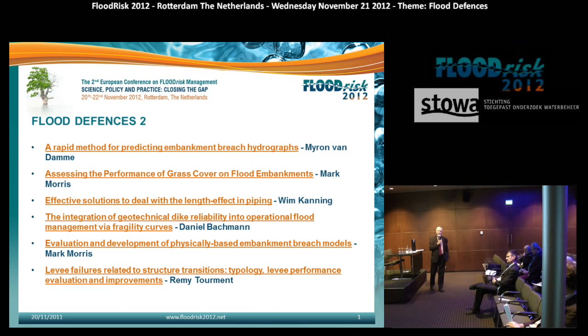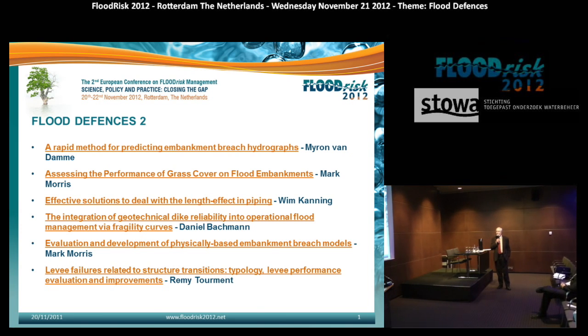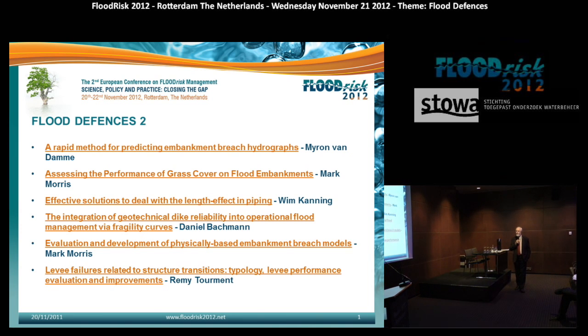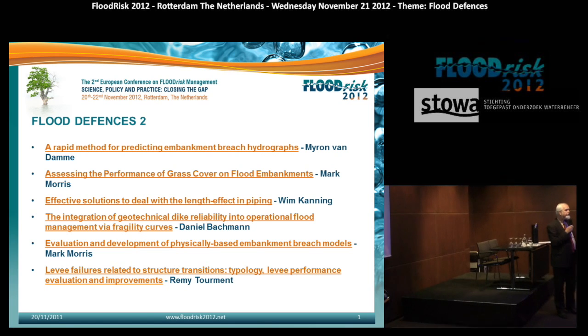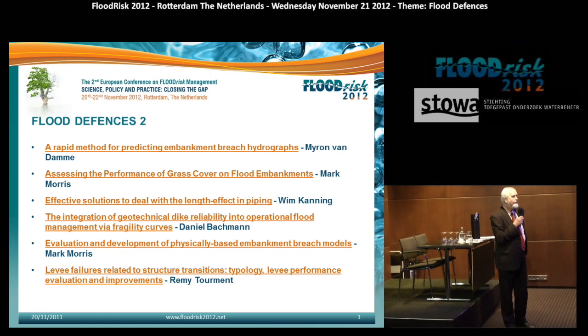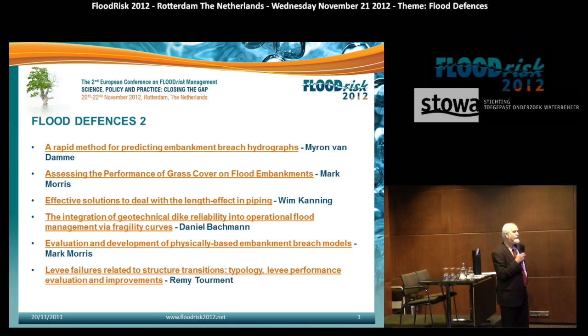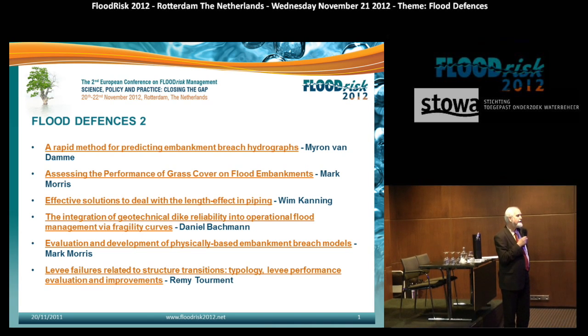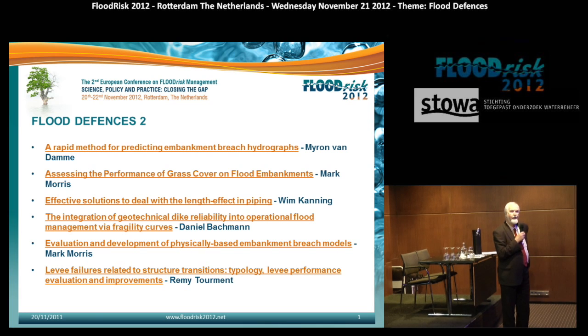And this type of failure is typical also from the view of Eurocode 7 geotechnical design. It qualifies this type of failure among the ultimate limit states, type of hydraulic gradient failures.